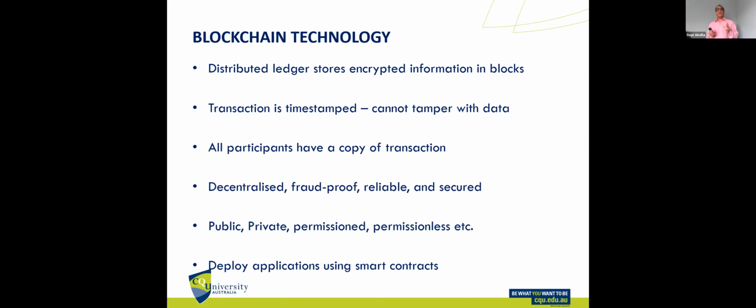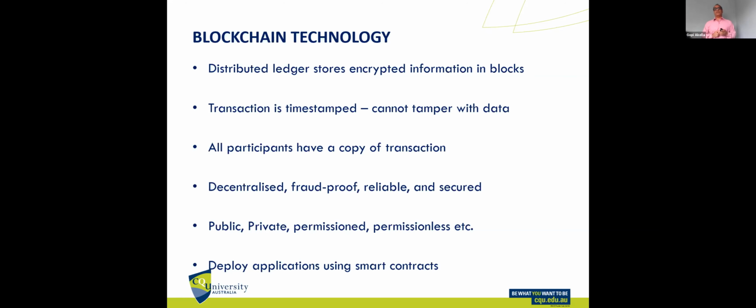Blockchain is a distributed ledger which stores encrypted information in blocks, in a chain of blocks, you can say. Each transaction is stored in an encrypted format, and these transactions are time-stamped, so no one can tamper with the data in each block.